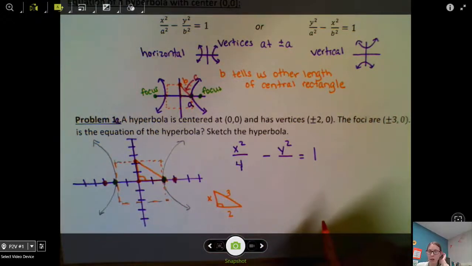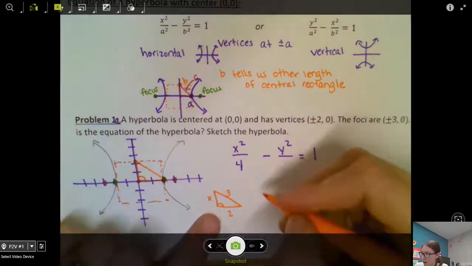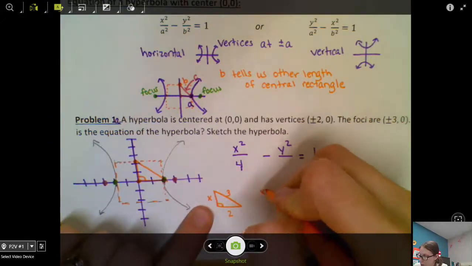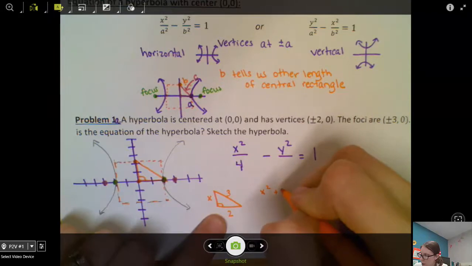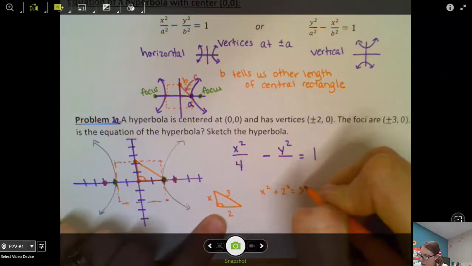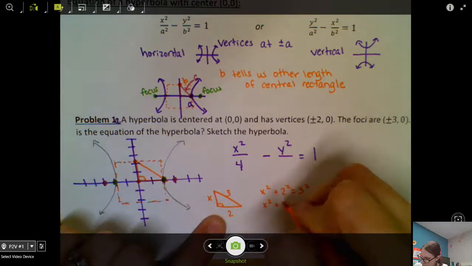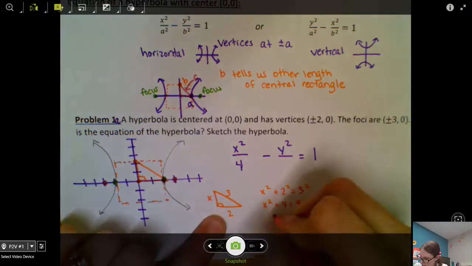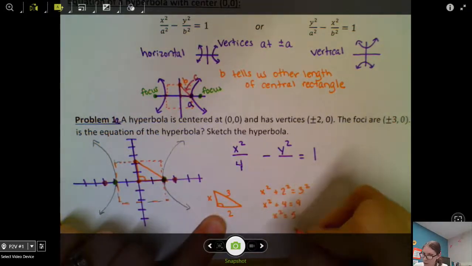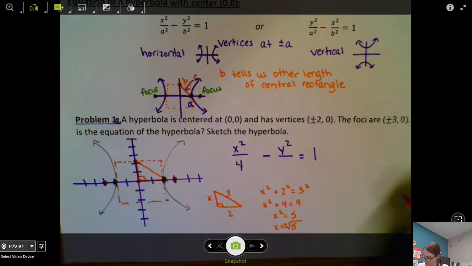So I have a right triangle with sides x, 2, and then the hypotenuse is 3. Use the Pythagorean theorem here. x squared plus 2 squared equals 3 squared. x squared plus 4 equals 9. x squared is 5. x is plus or minus square root of 5.